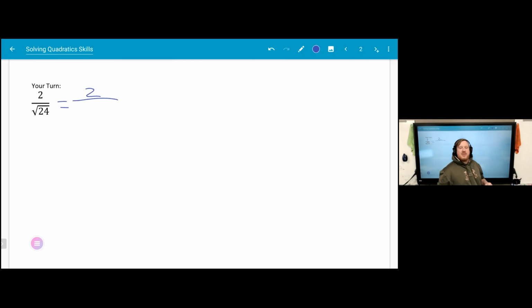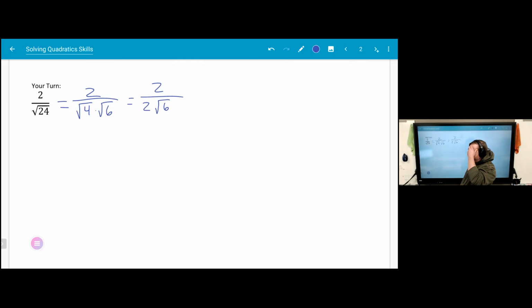Let's look at the bottom, the square root of 24. Let's see, 9 doesn't work, but 4, hey, 4, we could make this the square root of 4 times the square root of 6. Okay, and we know the top is 2. What's the square root of 4? Yeah, 2 times the square root of 6.